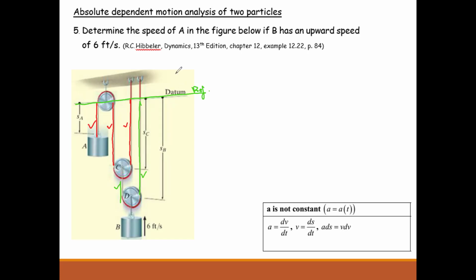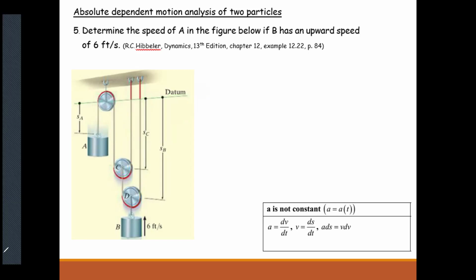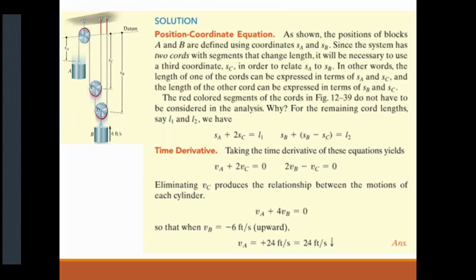From this, the reference is measured to the point whose motion we would like to consider. Going down is the positive direction. I use this example from the Hibbeler textbook; you can see the detail from the textbook.